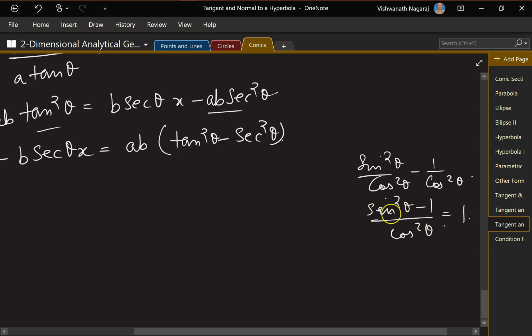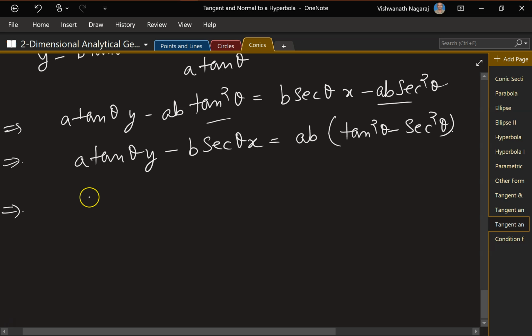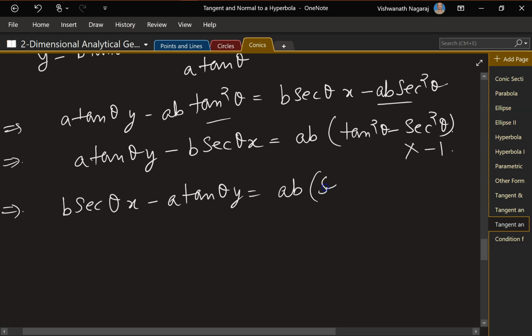So that means we have to reverse this sign. So let's multiply the whole thing by minus 1. So b sec theta x minus a tan theta y is equal to ab times sec square theta minus tan square theta. This is going to be 1.